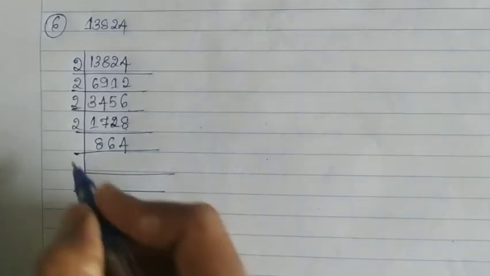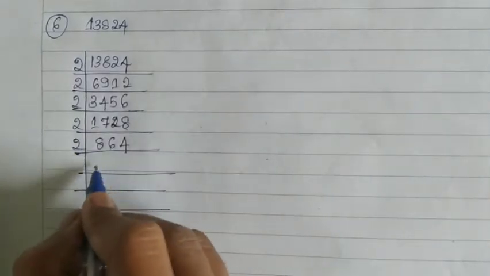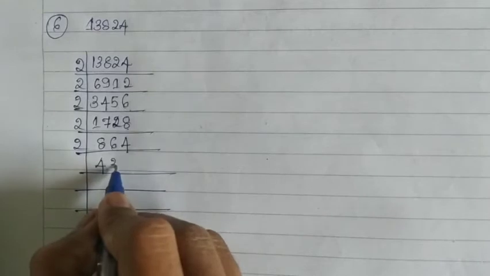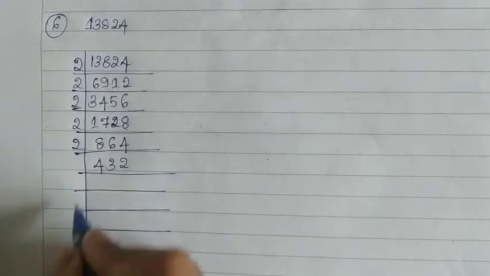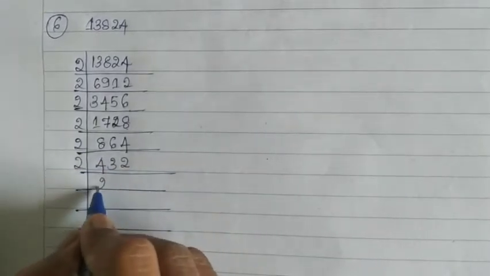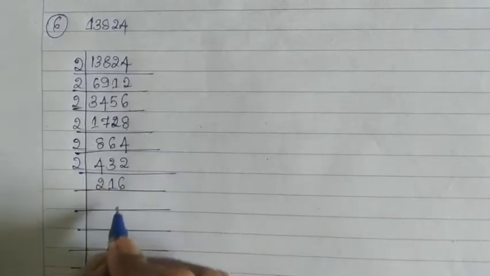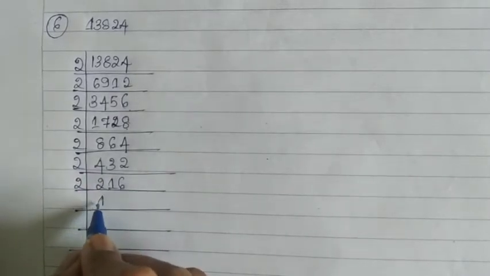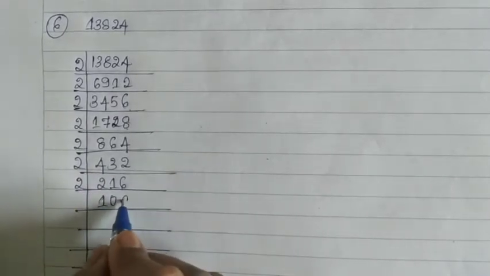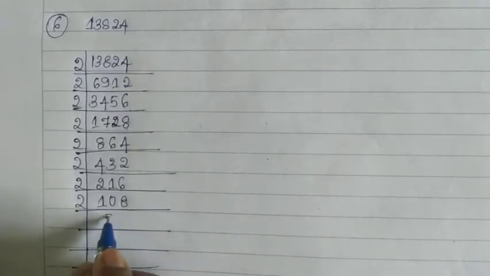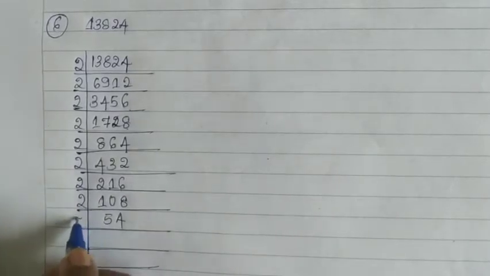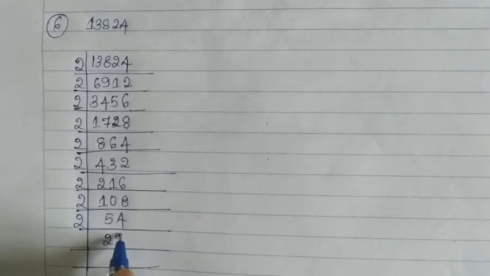Yes. Now start again from 2. 2 fours are 8, 2 threes are 6, 2 twos are 4. From 2, 2 twos are 4, 2 ones are 2, 2 sixes are 12. From 2, 2 ones are 2, 2 eights are 16. From 2, 2 fives are 10, 2 fours are 8. From 2, 2 twos are 4, 2 sevens are 14.